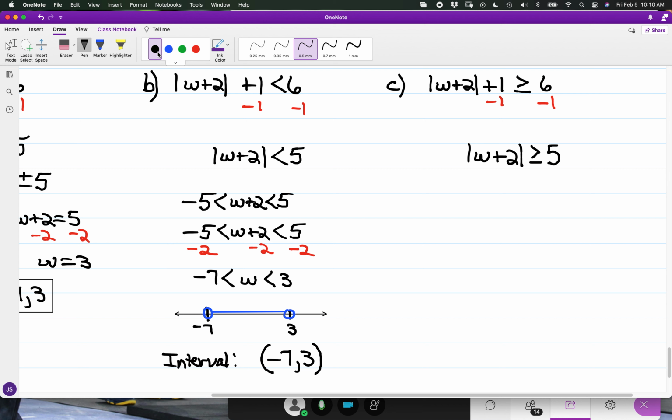So from what we have in this statement, at the lower end we have w plus 2 is less than or equal to negative 5. Or it could be at the upper end where we have that w plus 2 is greater than or equal to positive 5.